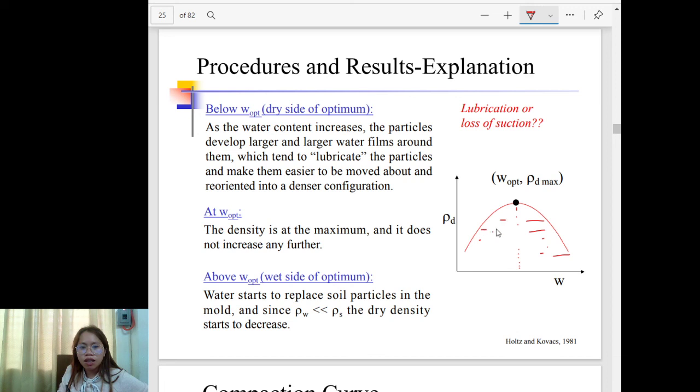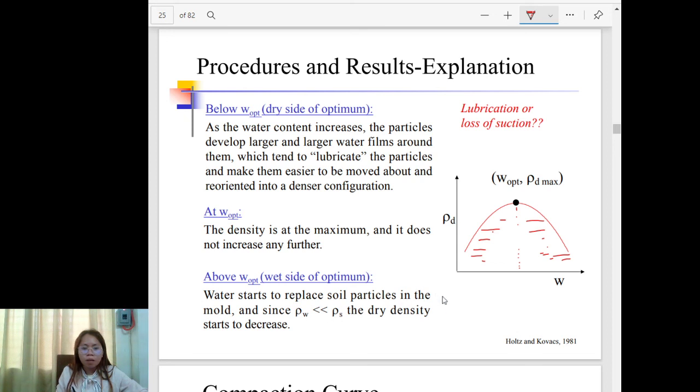So this is the dry side of optimum, and this is the wet side of optimum. So water starts to replace soil particles in the mold, and since you increase the water content, there comes a tendency that the water will replace soil particles. And since the density of water is less than the density of the soil, the dry density starts to decrease.